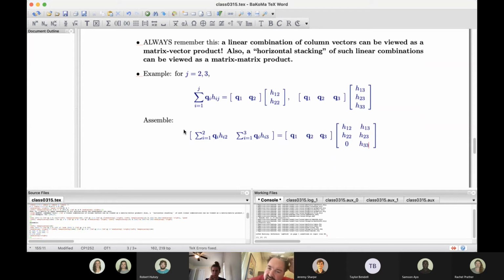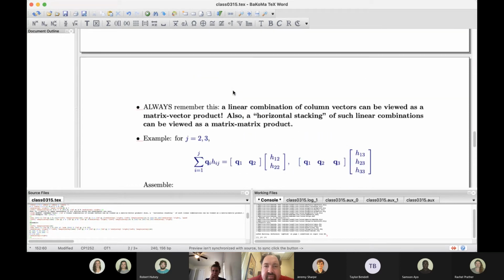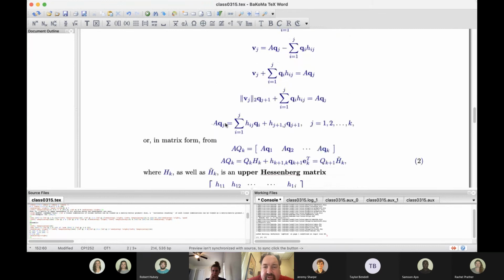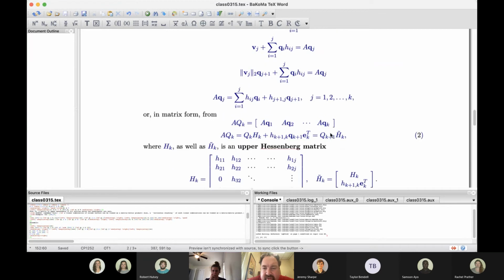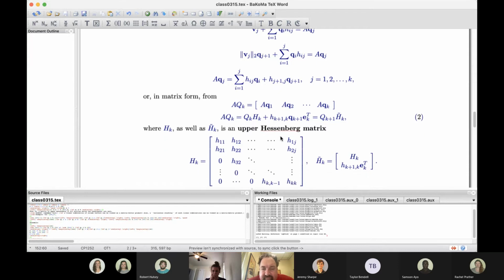So this is a process by which we go from something like this to something like this, by recognizing certain expressions as matrix vector products, and then when you stack them together horizontally, those are columns in a matrix-matrix product.